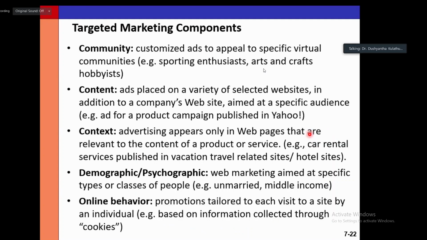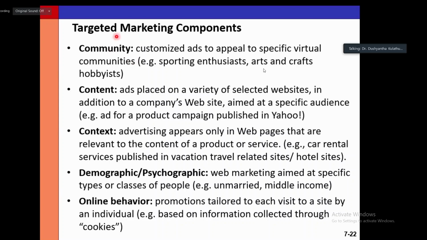So we are going to look at these targeted marketing components, starting with community. Customize ads to appeal to specific virtual communities. Now, the examples given here are sporting enthusiasts and arts and crafts hobbyists. So we can use internet marketing and advertising over the internet to attract customers, and we can use the internet for target marketing.